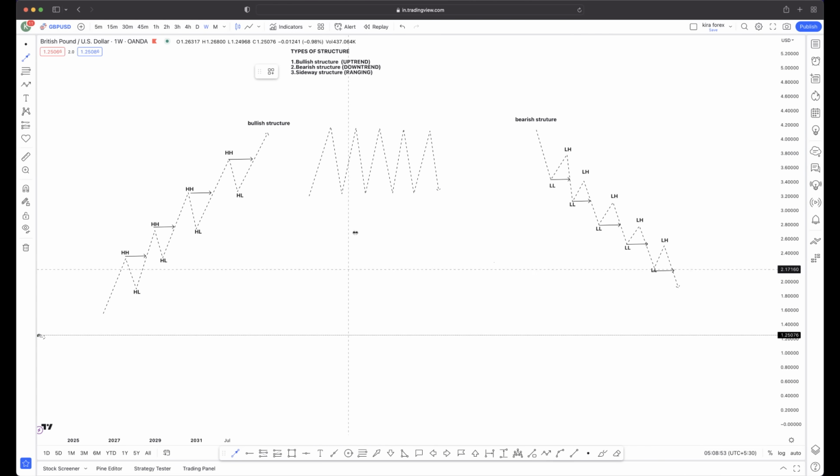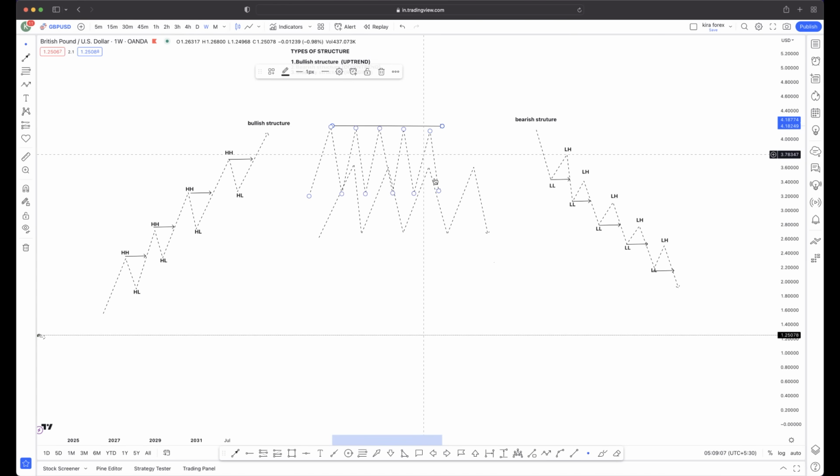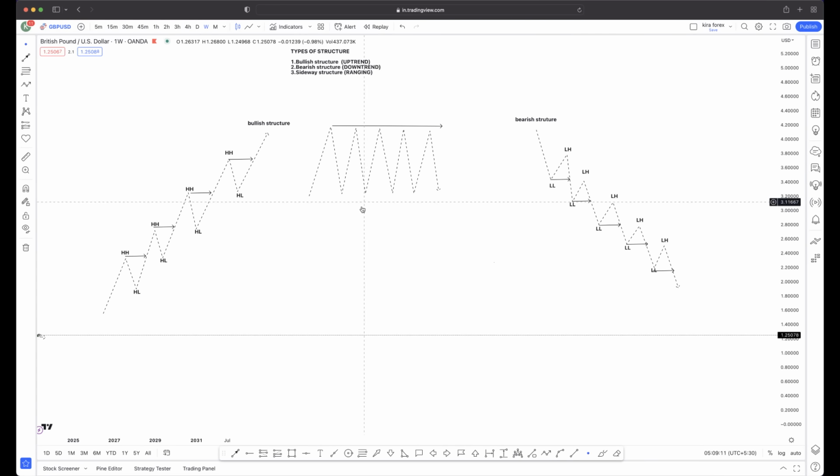The only thing happening is equal highs and equal lows. So people who buy or sell within this structure only buy at the low and sell at the high.